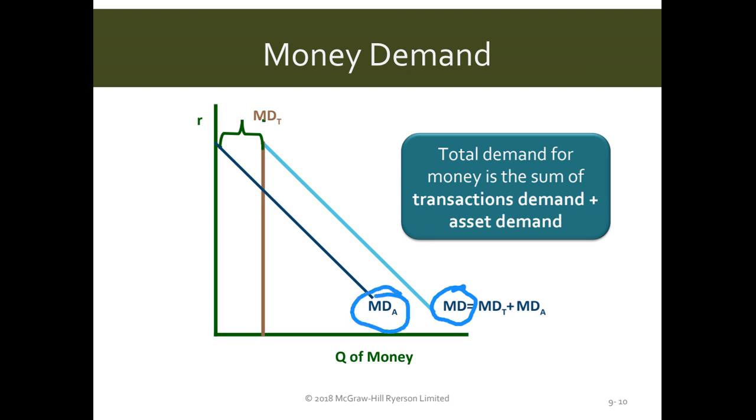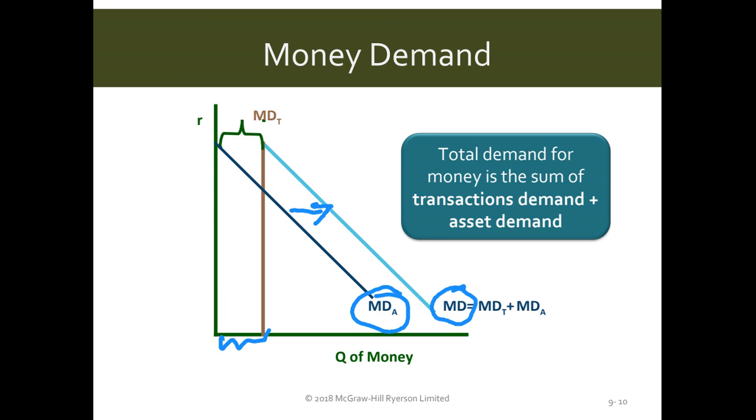So I shifted this asset demand for money curve exactly rightward by the amount of transaction demand for money. So the total demand for money curve has the same slope as asset demand for money, but it is slightly to the right by the amount of transaction demand.